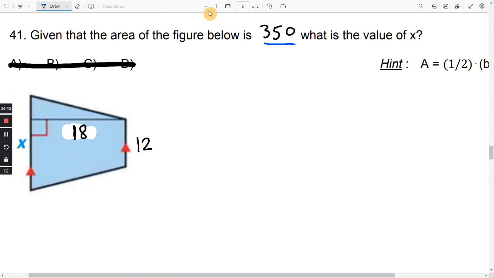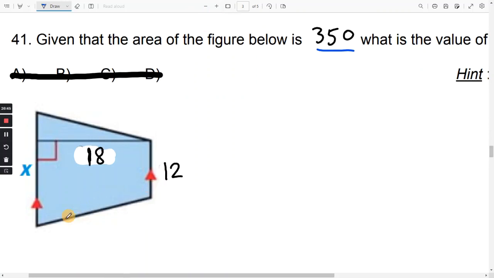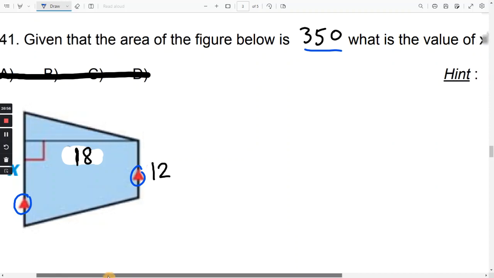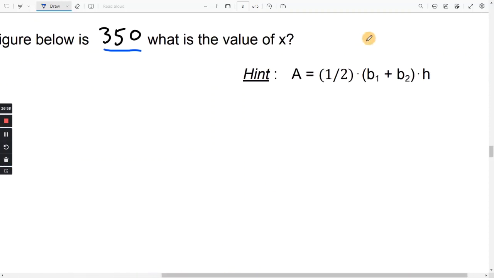Alright, so this right here, I can see it's a trapezoid because this side is parallel to this side, but these sides are not. One pair of parallel sides is a trapezoid. And the formula for the area of the trapezoid, it's the average of the two bases. So 1/2 b1 plus b2 times the height. You can also write it as b1 plus b2 divided by 2 times the height.